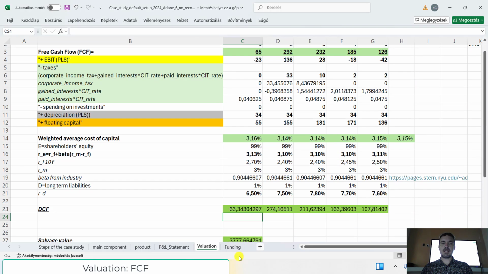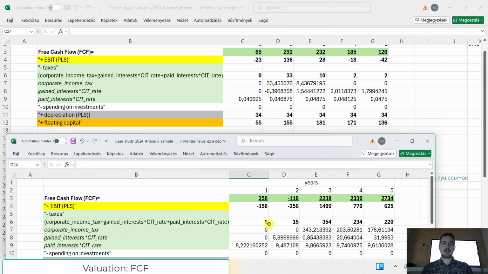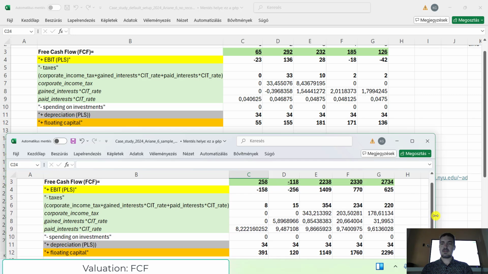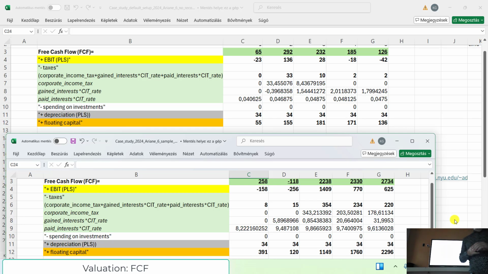We need more space. So here we can see that practically the company was not generating cash at all in the original setup, in the expendable setup.